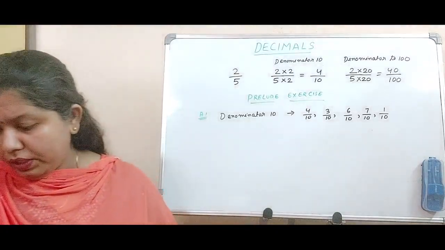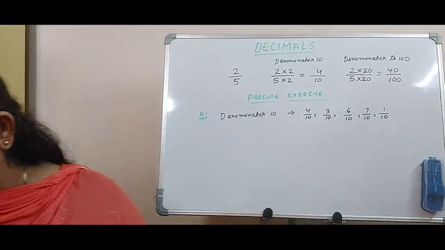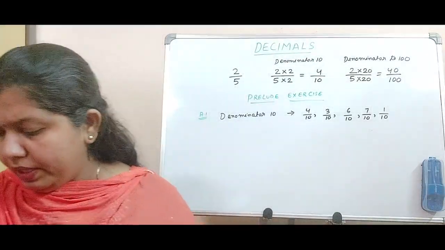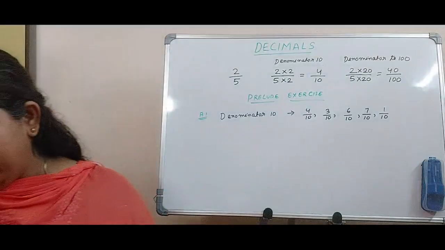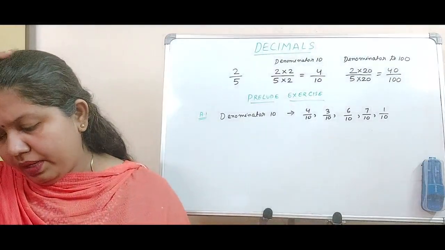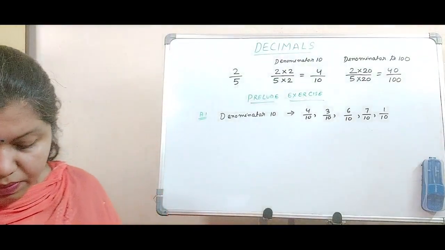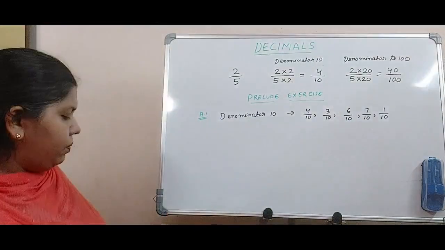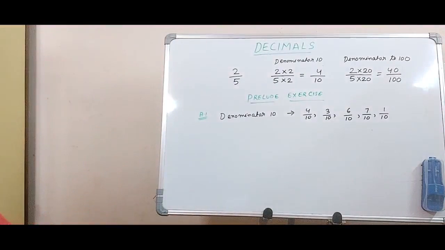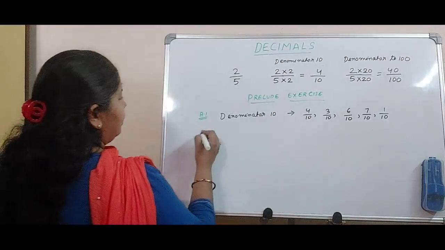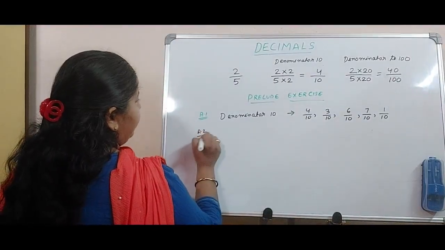Question number 2, what is it? Write 5 improper fractions with denominator 10 and convert them into mixed numbers. So suppose we have to write 5 improper fractions with denominator 10.